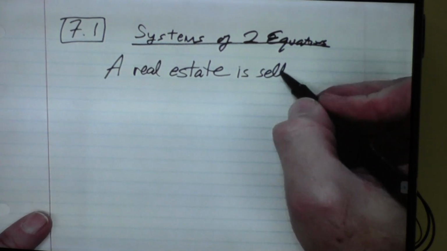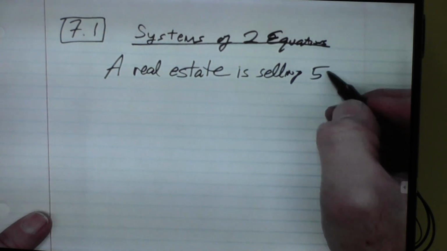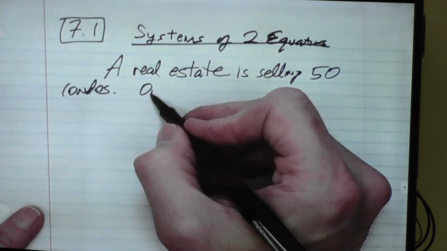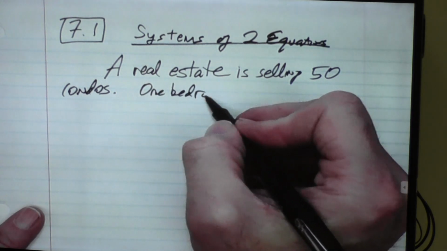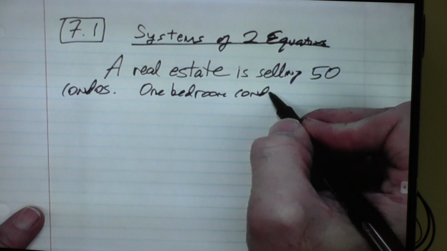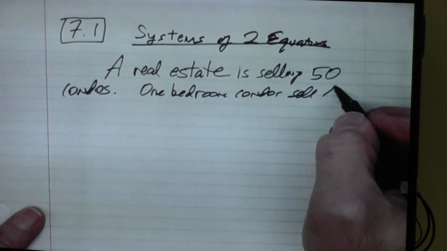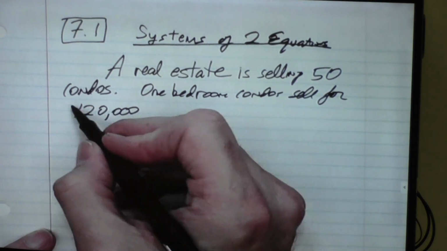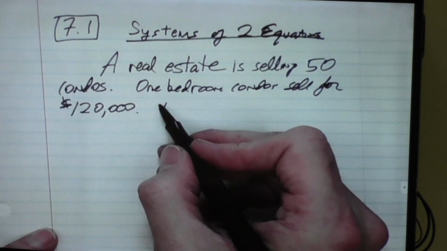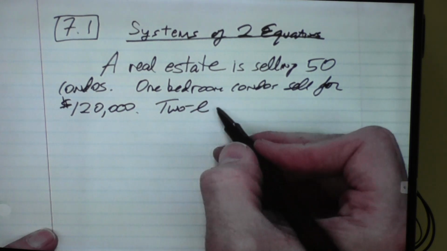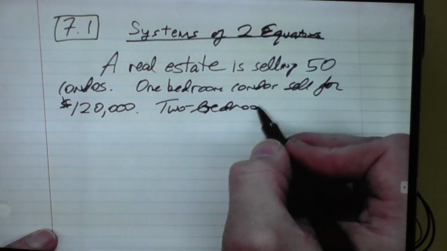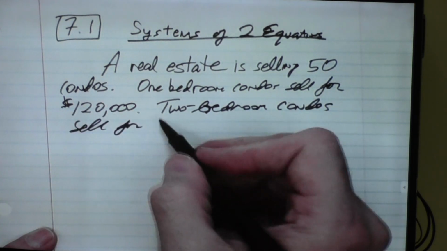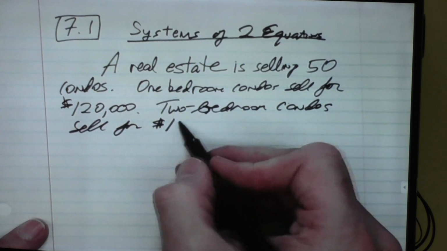Is selling 50 condos. One bedroom condos sell for $120,000. Two bedroom condos sell for $150,000.